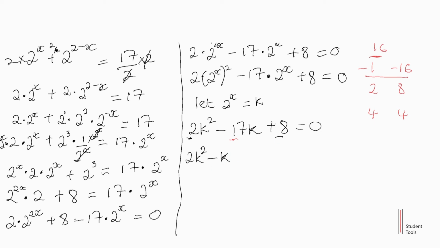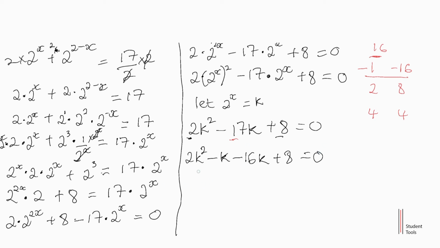Then we use the other one as the coefficient of k, which is -16k. Actually, we haven't changed anything here, because minus k minus 16k is equal to -17k. So we bring down the plus 8 equal to 0.